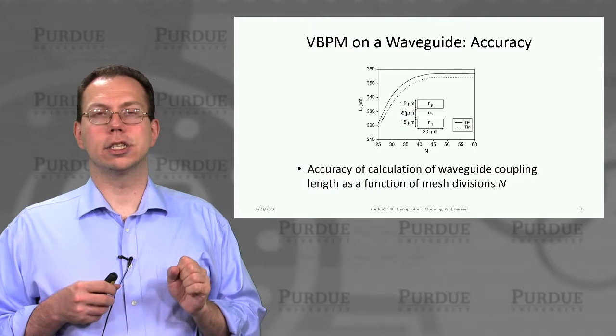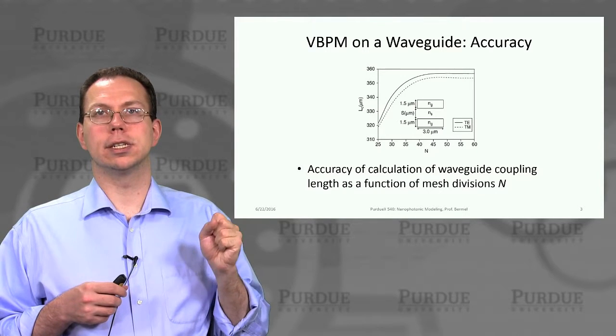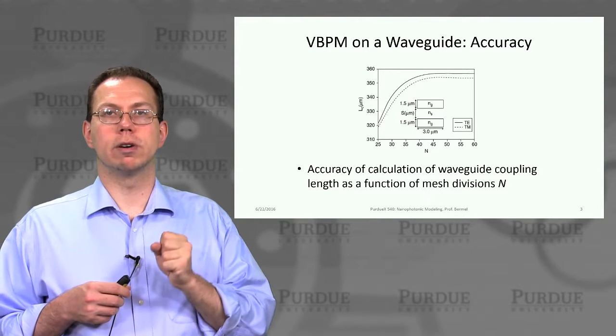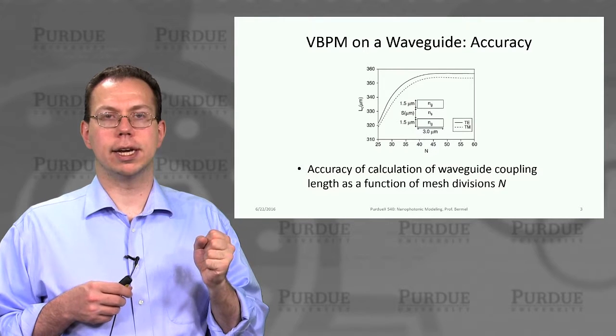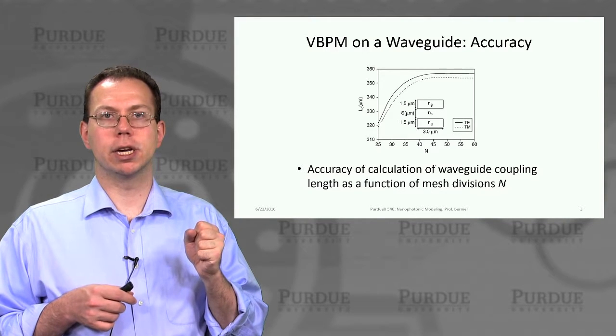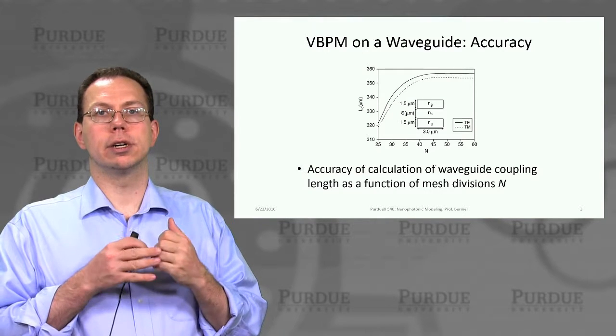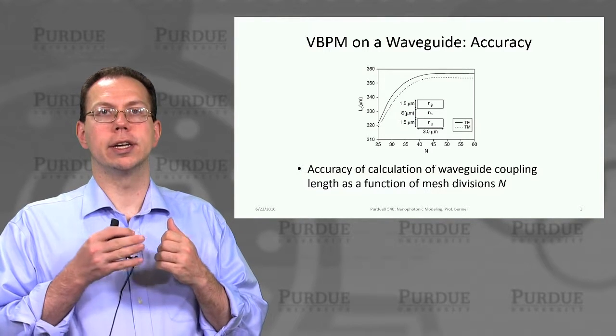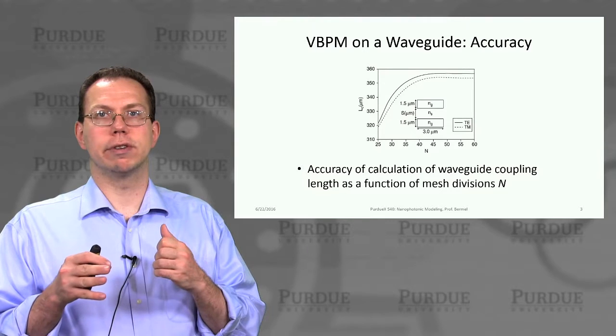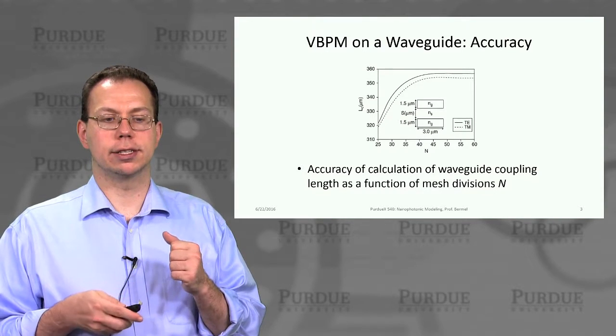So that kind of shows us that we don't necessarily need to just keep increasing the number of elements more and more. And so oftentimes this kind of analysis would be called a grid independence study, because this shows that beyond a certain level of resolution for your grid, then you don't need to have any further refinement of the mesh in order to get good answers.